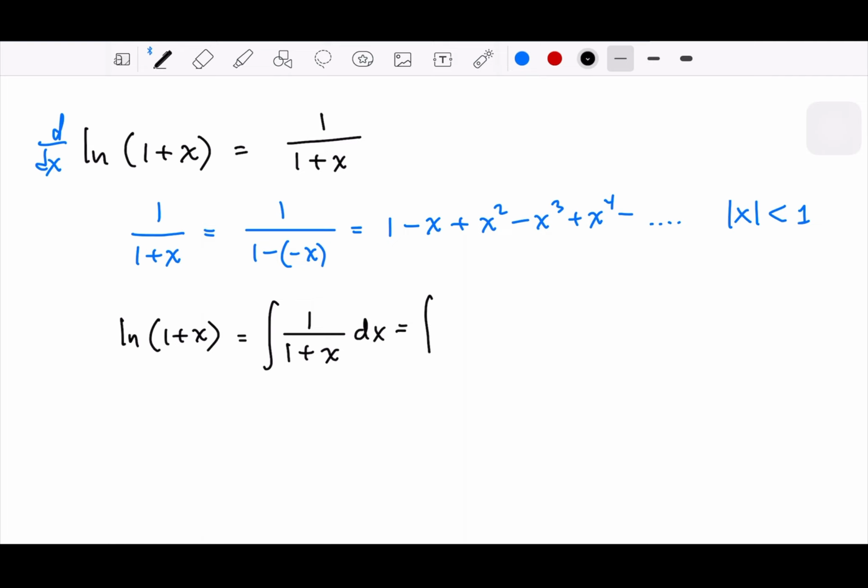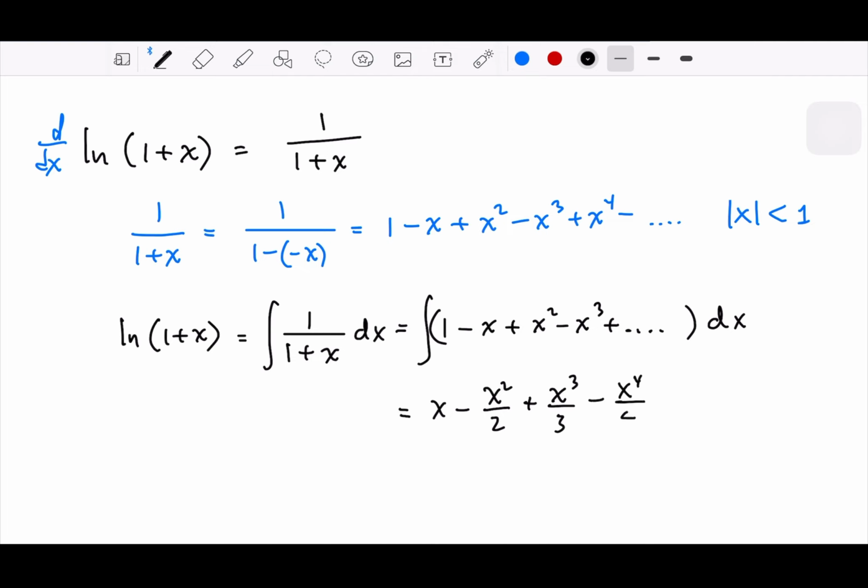So we are actually integrating 1 minus x plus x squared minus x cubed dx. And then it results in x minus x squared over 2 plus x cubed over 3 minus x to the 4 over 4 plus, until we have another new constant.